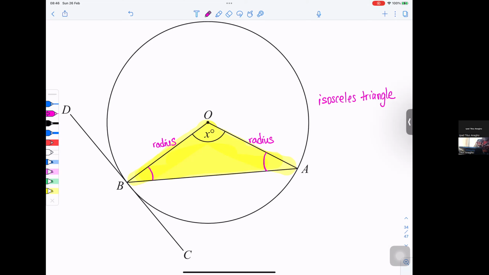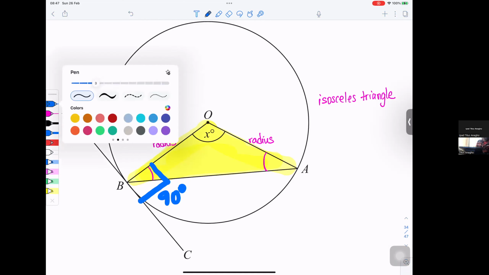The line GBC is a tangent, and that line makes an angle of 90 degrees with the radius. So the radius and the tangent make an angle of 90 degrees.